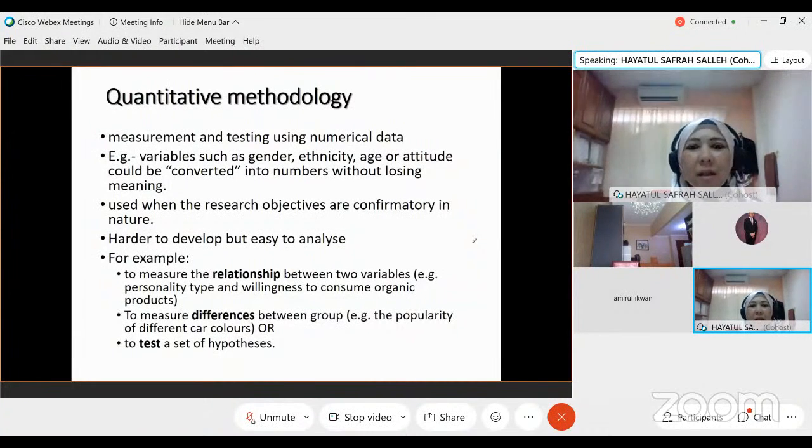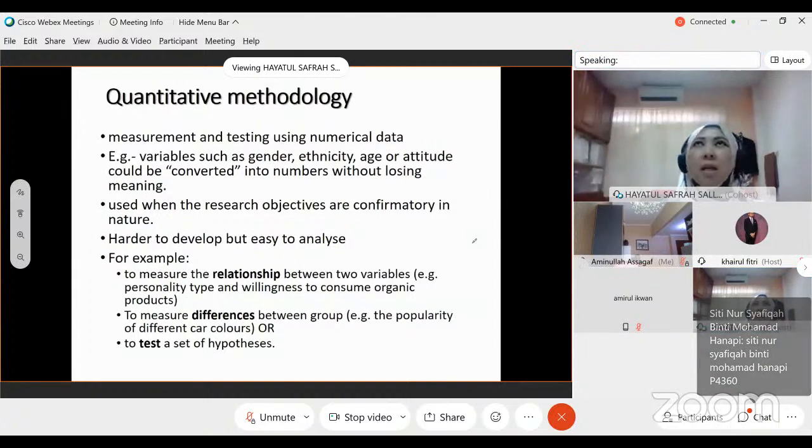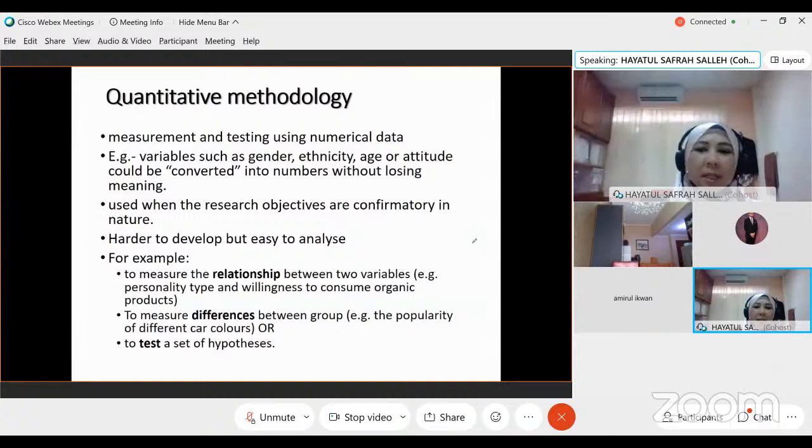You ask the respondents to mark or select. Normally we use a semantic or Likert scale, number 1 to 5, or 1 up to 7, or 1 up to 10. That depends on you, but you have to justify why you use 5 or why you use 7.